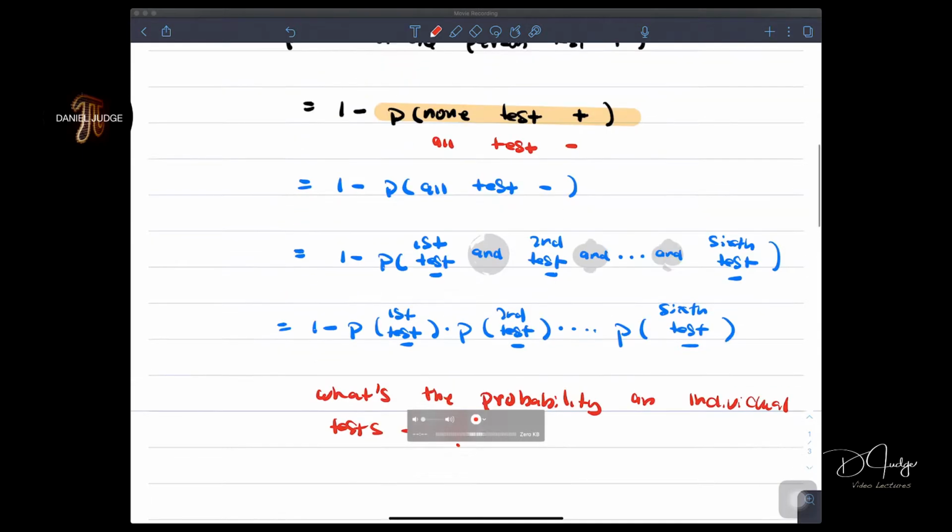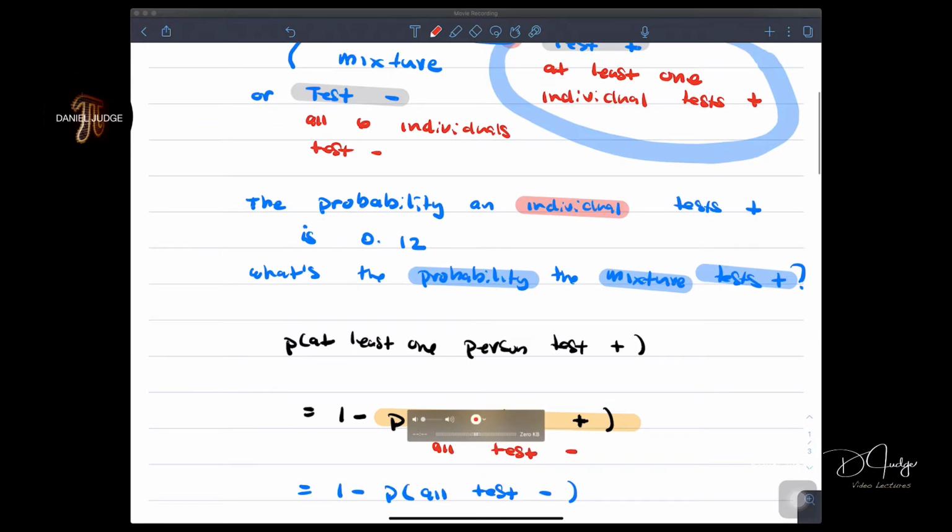Now, I don't think they told us, but maybe they did. What they told us right in here is that the probability of an individual testing positive is 0.12.